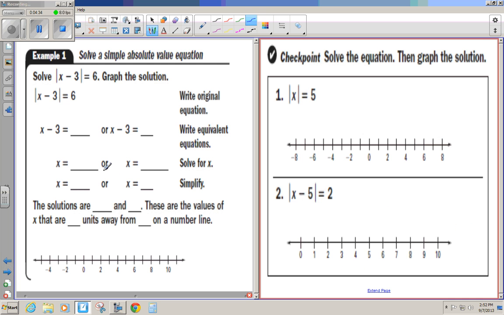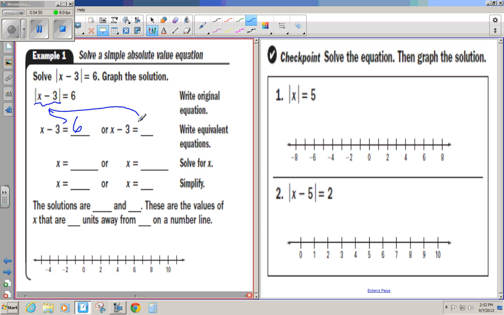So here we go. Solve this equation. Pause it, try it if you want. You've done one like this. So try it and see if you can do it. If not, here you go. So just like before, this right here can either equal 6 or negative 6. So you add 3 to both sides. x is equal to 9, or x is equal to negative 3.